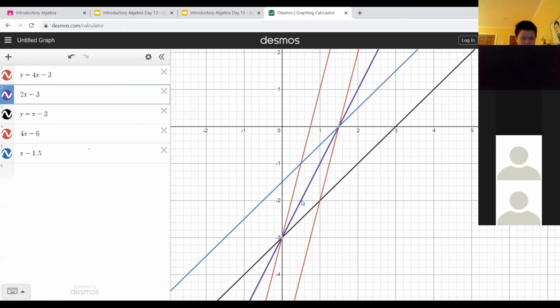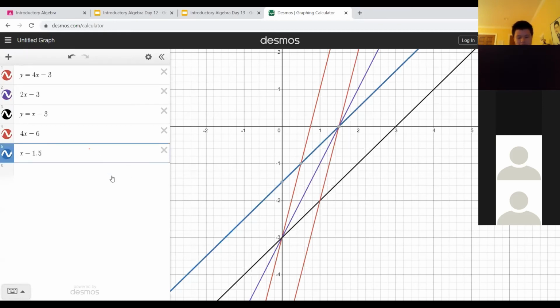Now you see that all these three changed by the x go through the same x-intercept and y-intercept, which is, I mean, by the y-intercept, I mean the one squished or expanded vertically. So that's something interesting to note.